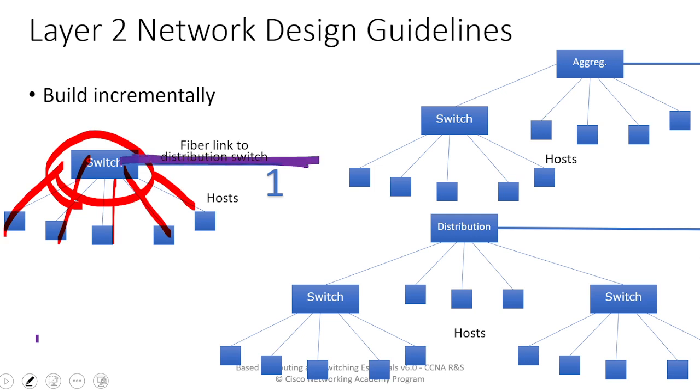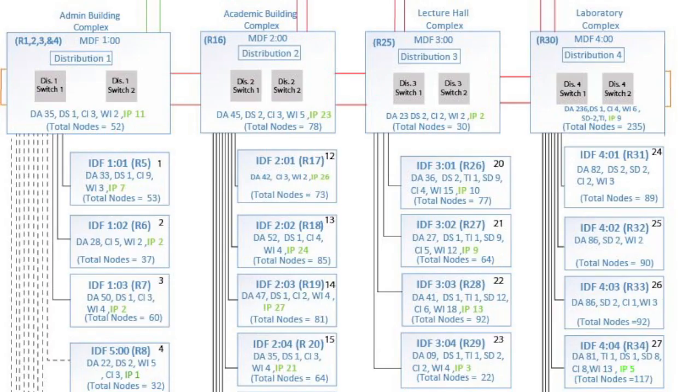Then from there, we go with the fiber uplink to an aggregation switch. Such an aggregation switch can be there depending on if there's a need, or we can have that as a distribution switch as well. So they would function in a similar manner.